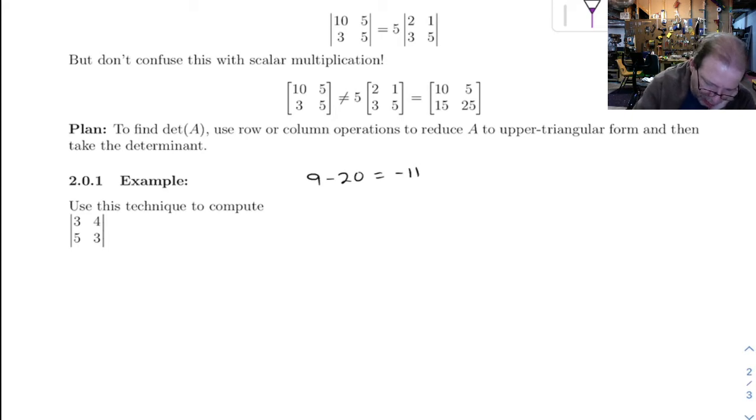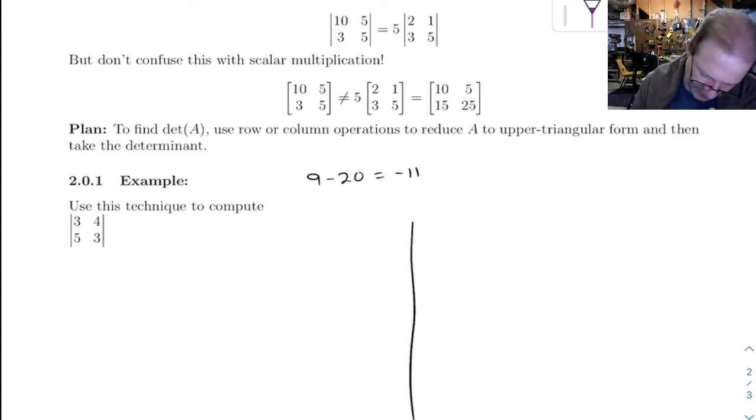The goal here really is to get a 0 in this position here. So what I want to do is use the 3 up here to 0 out the 5. This is kind of ugly. Tell you what, before we do that one, let's do another example. 3, 4, 6, 3. All right, we want to get a 0 here.